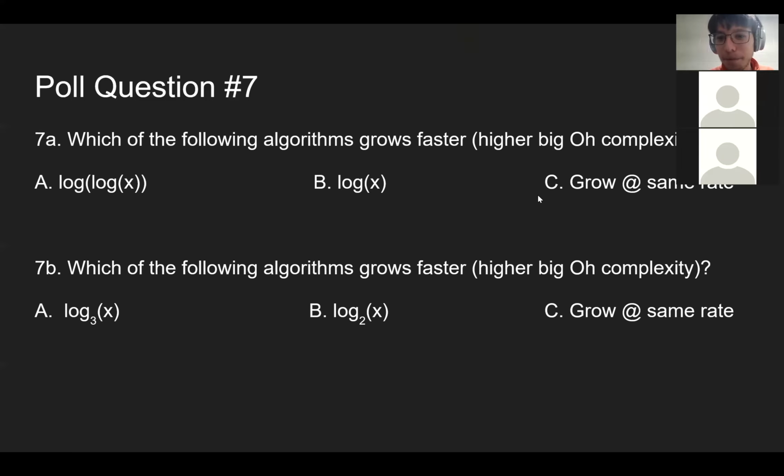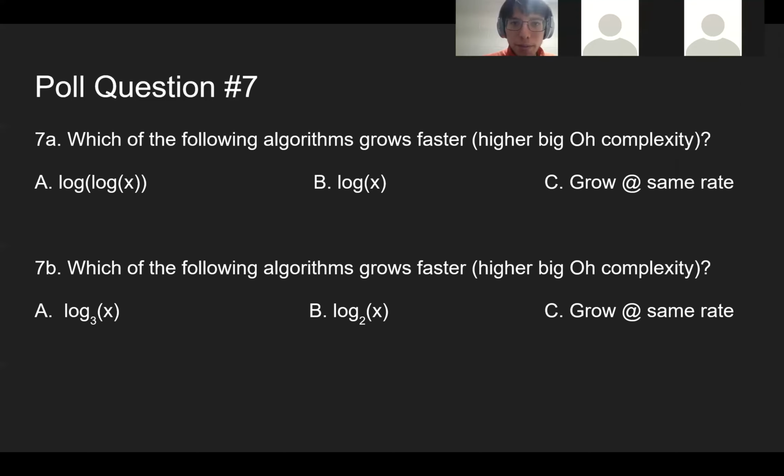But both of you had exactly the right idea with that. Yep, and we see the answers here are exactly as we said. Because if we're taking an extra logarithm on x, then it's going to grow more slowly than just log x. So for log x, the values of y are bigger for every x.